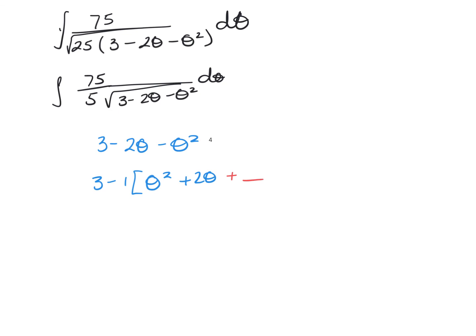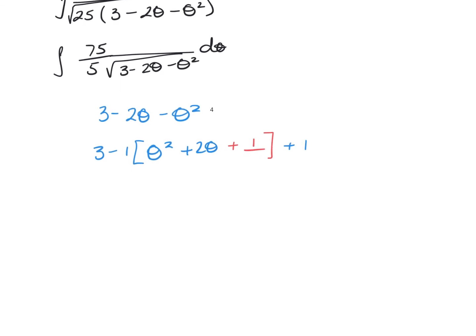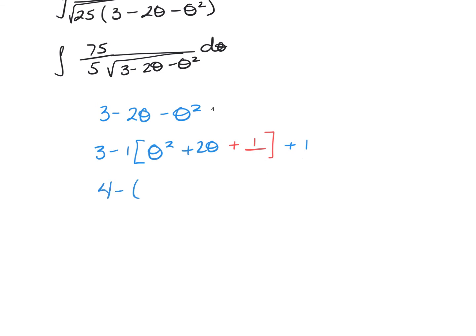So I'm going to add whatever I need to complete the square, which is a 1. Now, if I were to multiply this -1 through, I'd get a negative theta squared plus 2 theta plus 1. So that means to counteract that -1, I need to add 1. So what I have is 4 minus, and then I have theta plus 1, the quantity squared.